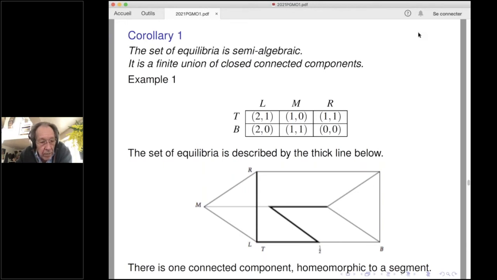And the triangle LMR, left, middle, right, corresponds to the simplex of mixed strategies of player 2. Okay, so the Toblerone bar corresponds to the product, and the thick line corresponds to the set of equilibria in this game. Okay, so you can check easily that you have all this line here, which is piecewise linear and connected. So there is one connected component, piecewise linear, which is the set of equilibria in this game.